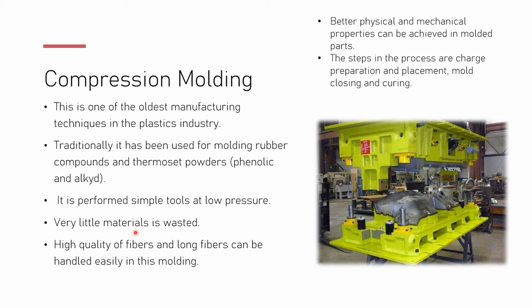Also, very little material is wasted in compression molding. Everyone likes that, and that's why it's one of the oldest. High quality fibers and long fibers can be handled easily in this molding, so better physical and mechanical properties can be achieved in molded parts. The steps in the process are charge preparation and placement, mold closing, and curing.